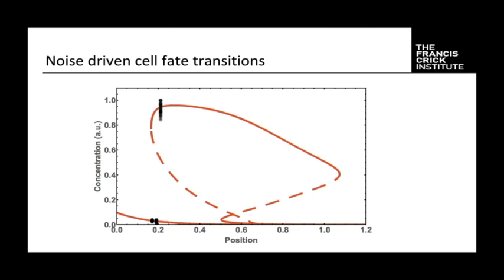And the probability of that happening depends on how close you are to that bifurcation point. The closer you are to that bifurcation, the more likely a fluctuation is to take you across into the other steady state. So we wanted to ask whether this was a possible explanation for why precision had decreased in the PAX6 mutant.